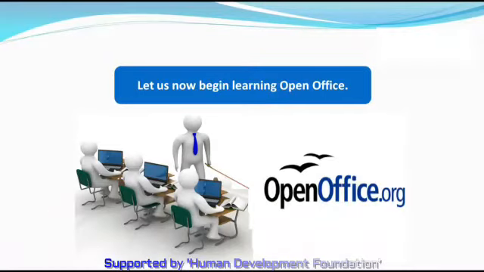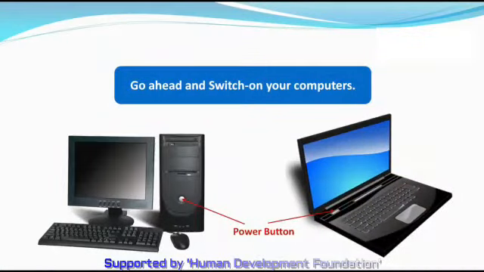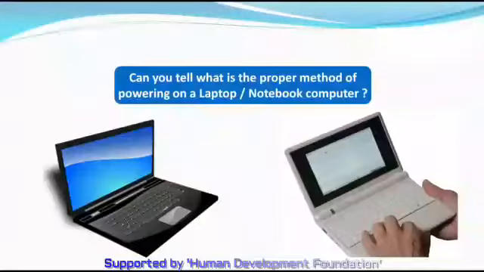Let us now begin learning OpenOffice. Go ahead and power on your computers. Can you tell what is the proper method of powering on a laptop or a notebook computer?